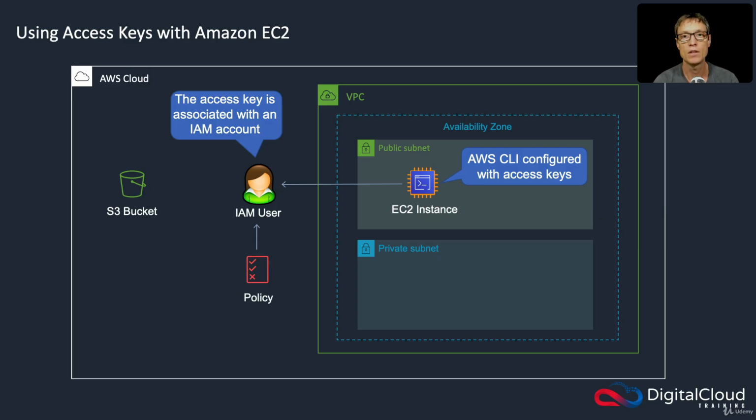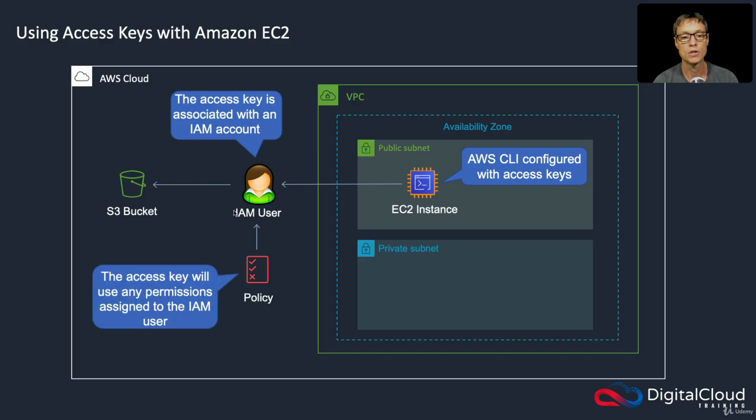So for example, if the user was an administrator and the policy allowed a lot of access in AWS, then the access keys configured on the EC2 instance would allow the EC2 instance to actually get those same permissions. And it will use those permissions to then connect to the bucket.